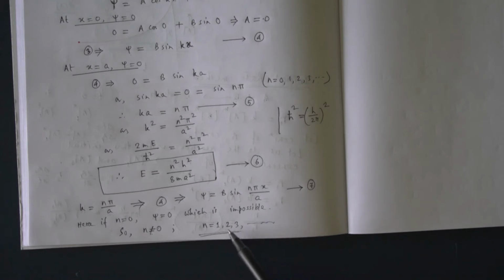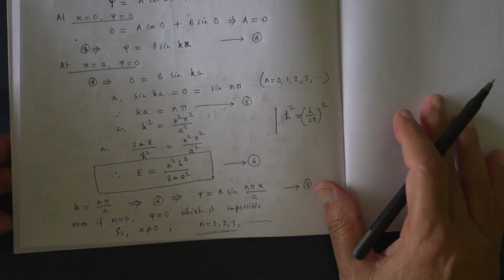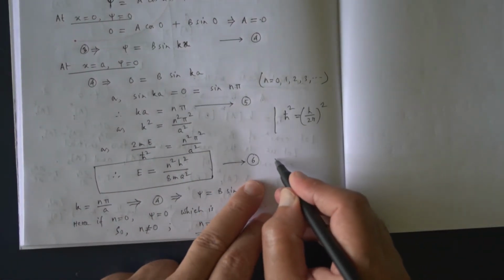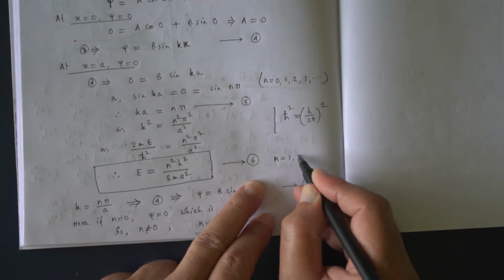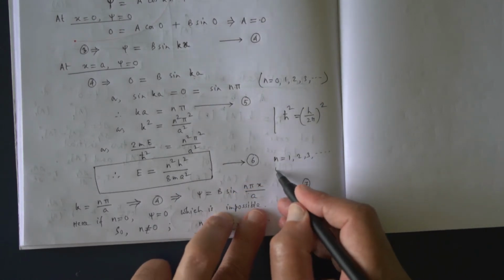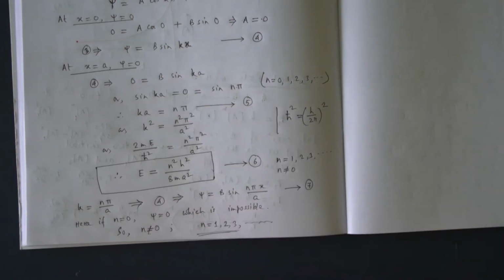Now you see, in this energy expression, n is 1, 2, 3, etc., but it is not 0.